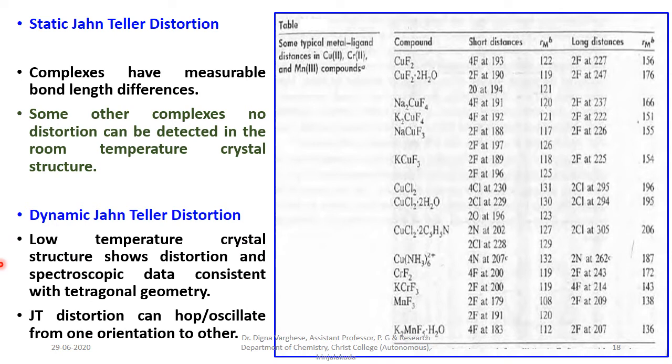Dynamic Jahn-Teller distortion means that at low temperature the crystal structure shows distortion and spectroscopic data consistent with tetragonal geometry. The distortion can oscillate from one orientation to another. At low temperature some bond lengths can be measured, but at room temperature it can oscillate from one structure to another, so the bond lengths cannot be measured. Such distortions are known as dynamic Jahn-Teller distortion.